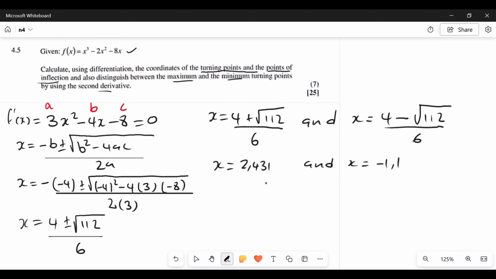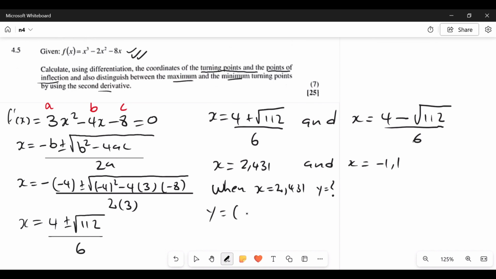So we need to find the y coordinate of the turning point. So we can continue here and say when x is equaling to 2,431, what is our y? What you're going to do to find y, we need to use our original equation from the statement. Wherever there's x, we're going to substitute with 2,431. So let's do it.